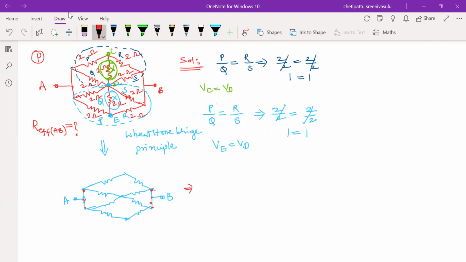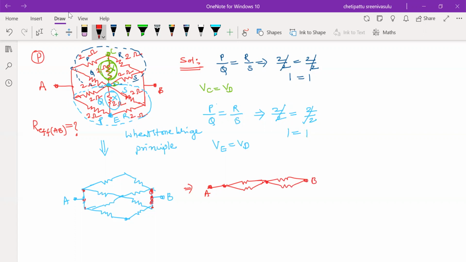I am taking this A point. At this A point, I am clubbing these 2 resistors, one like this, another one like this. And for B, I am taking like this, because these are the same potentials.